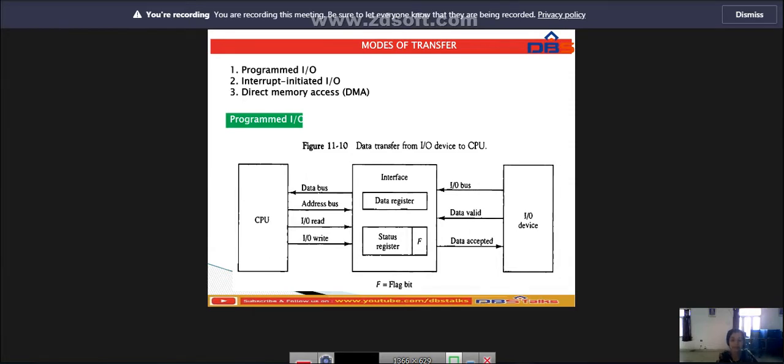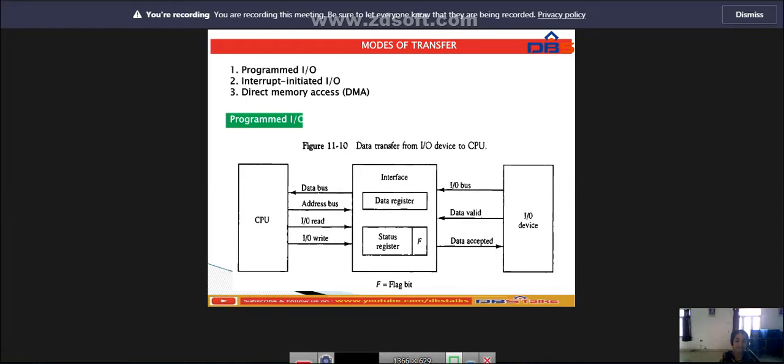A program is written in the computer to check the flag in the status register to determine if the byte has been placed in the data register by the input output device.